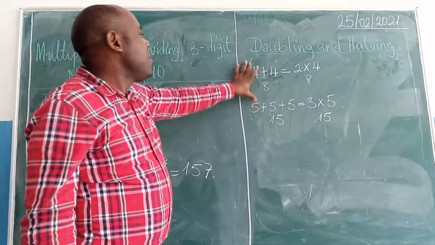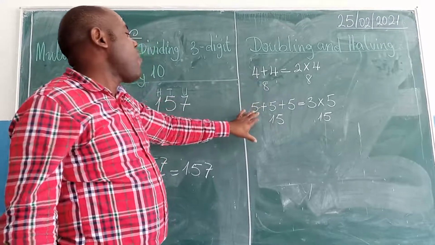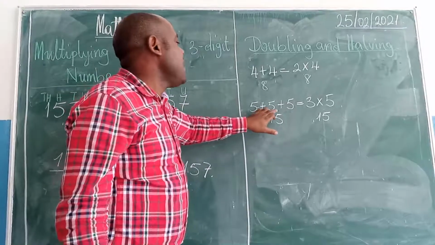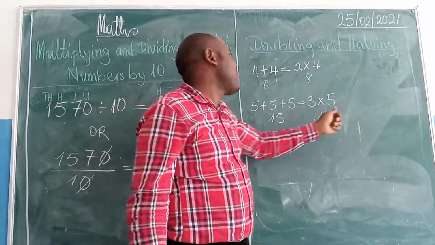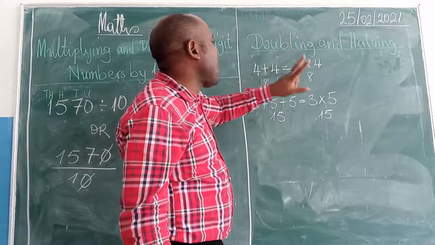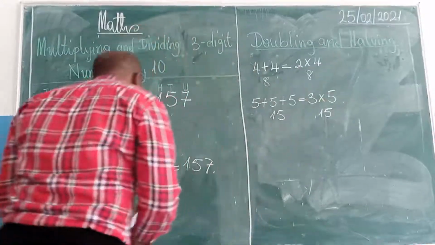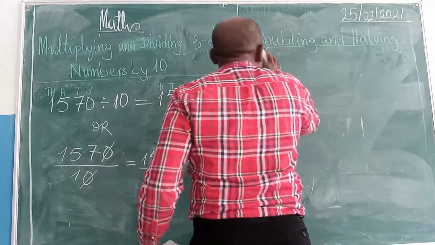These examples I have given help us to understand that when we are adding a 5 three times, it's the same thing as 3 times 5. And here when we are adding 4 two times, it's the same thing as 2 times 4. Okay, let me bring that to our topic, doubling.